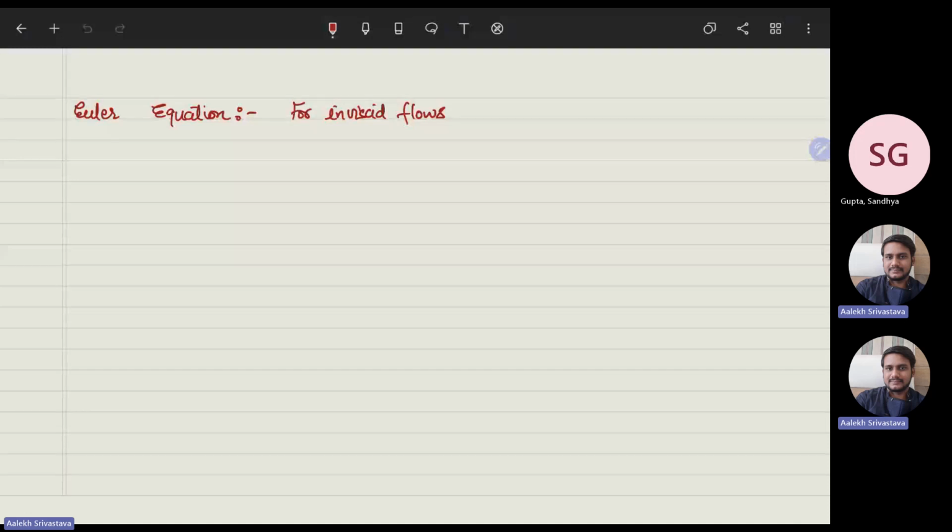So just to recap what the Euler equation says. If you derive it from RTT, as in the last lecture, it says that this is the acceleration term, the material derivative.